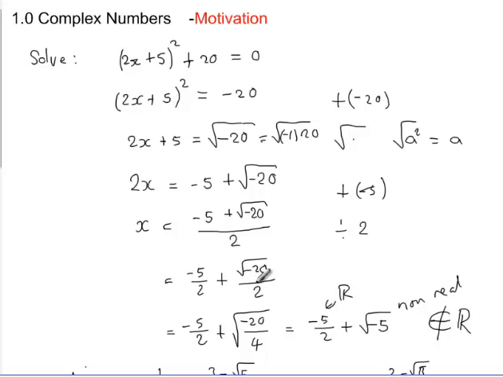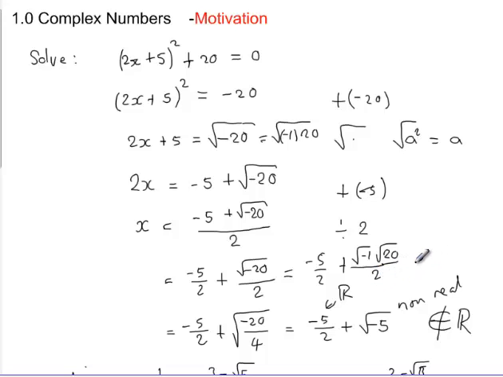What is the solution here? I've already separated here. This number now would come to minus 5 over 2 plus the square root of minus 1, sorry for that, times the square root of 20. The square root of 20 is a real number, over 2.